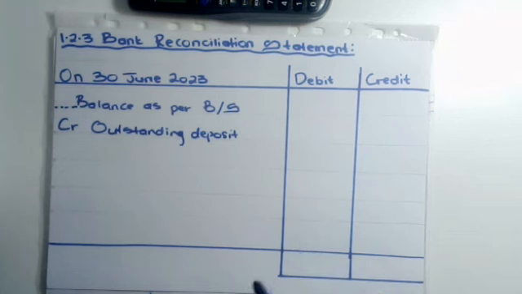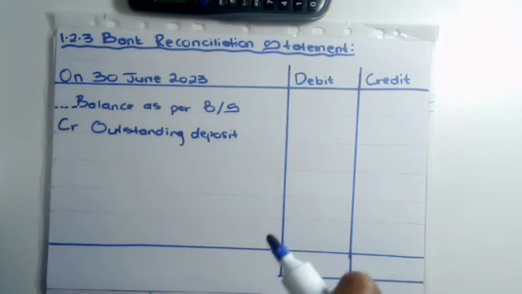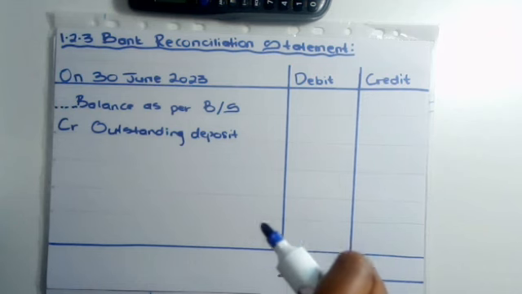So long as they are holding it, remember, in our books, in our cash receipts and cash payment, we would have recorded that we received money and we are supposed to have some deposits going into our bank account today.